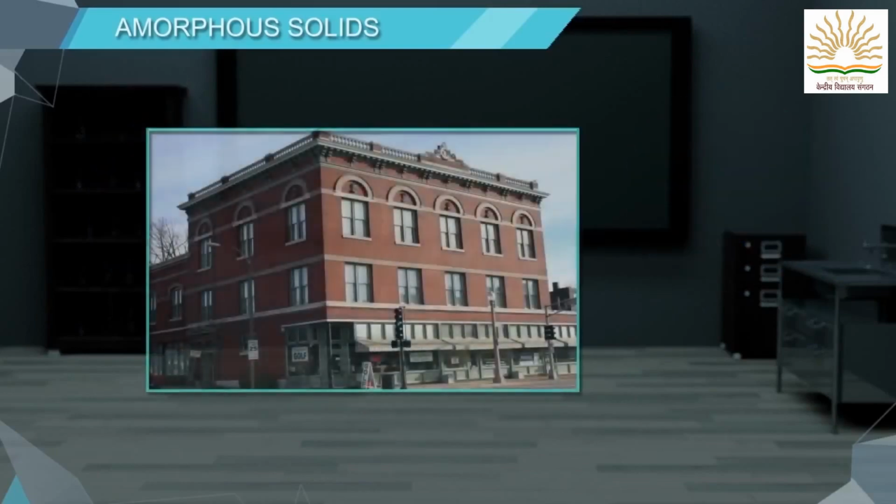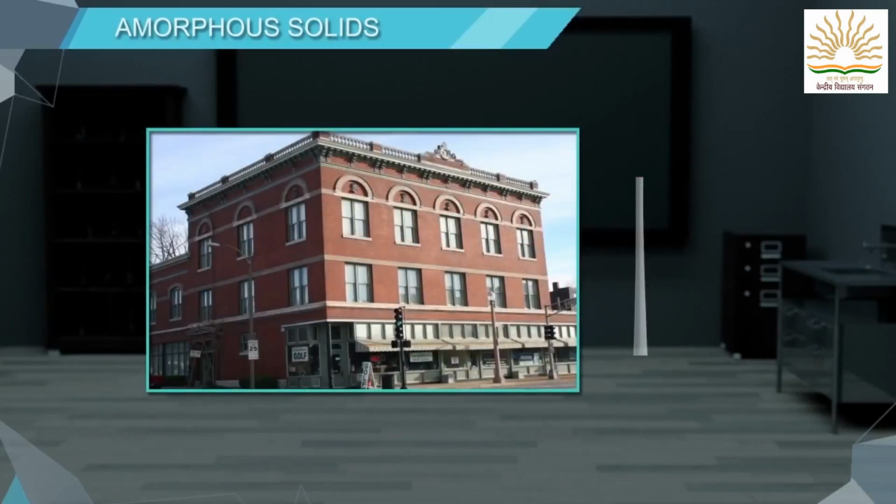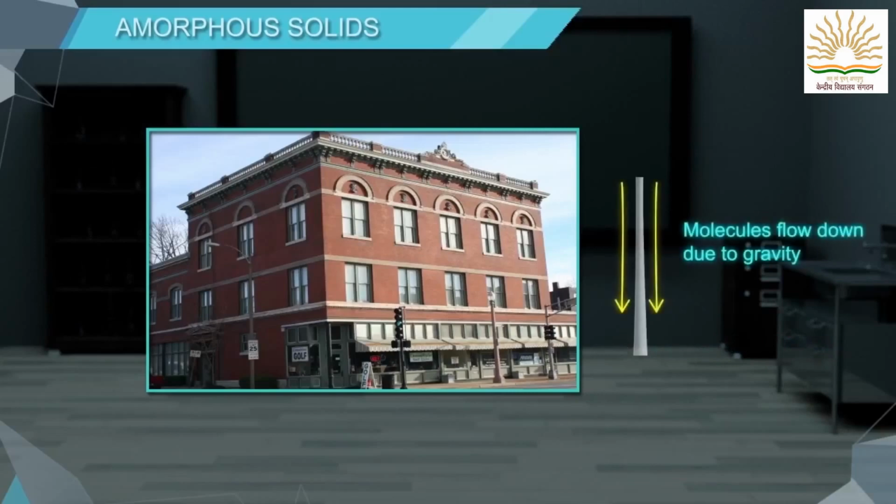If you notice carefully the glass window of very old historical windows, you will observe that the glass panes are thicker at the bottom as compared to the top of the window. This is because as the time progressed, some of the molecules on the top of the glass flowed down due to gravity and accumulated in the bottom, making it thicker.